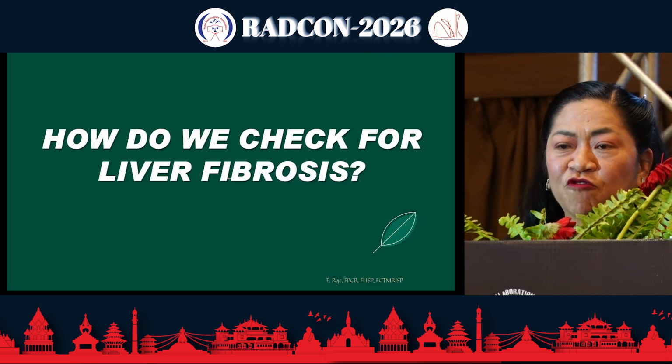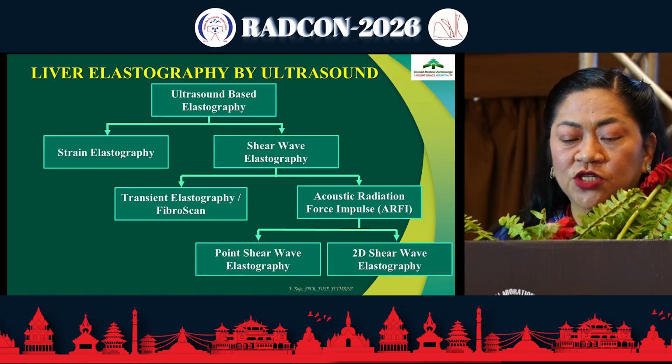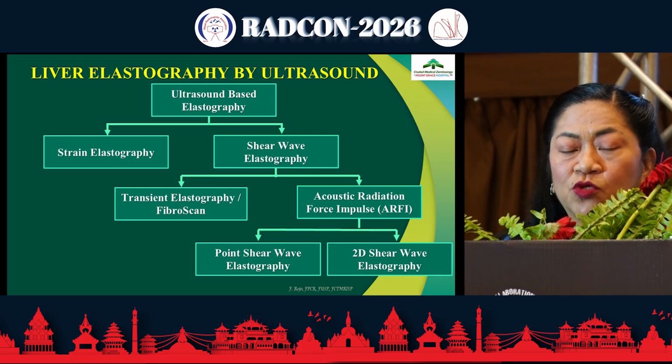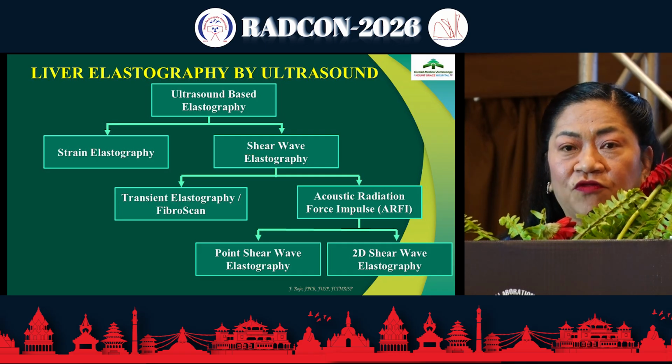So how do we check for it? By ultrasound, we can use ultrasound-based elastography. In the initial years, we had strain elastography, but now we have the development of shear wave elastography.